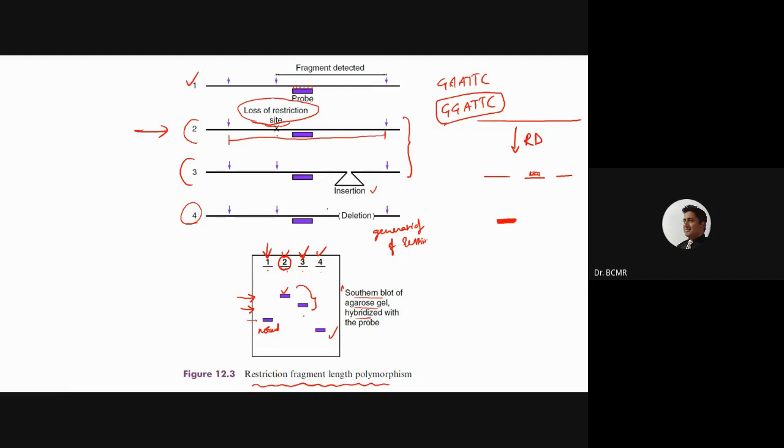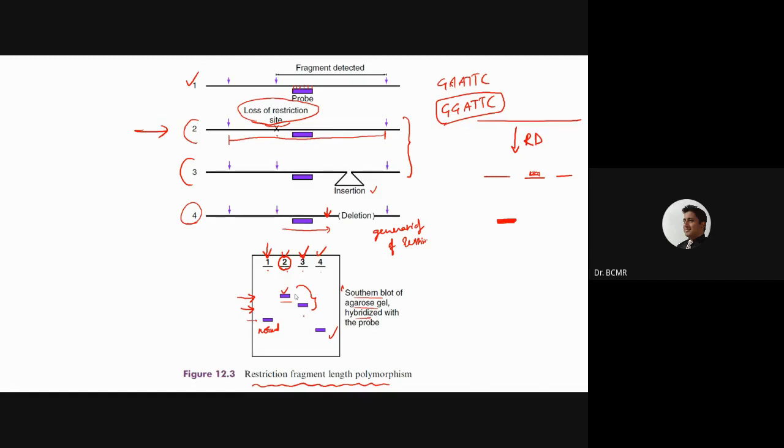Say, for example, a new restriction site has formed here because of a point mutation. Now the fragment will be smaller, isn't it? So in restriction fragment length polymorphism done through Southern blotting, if you are seeing an increased length, it could mean loss of restriction site, or it could be that there is an insertion.